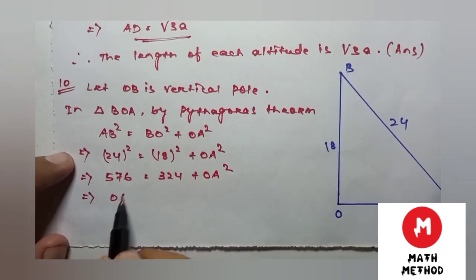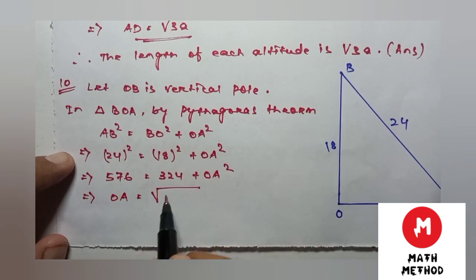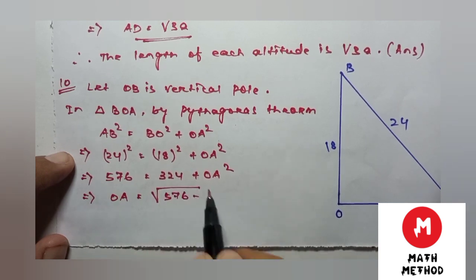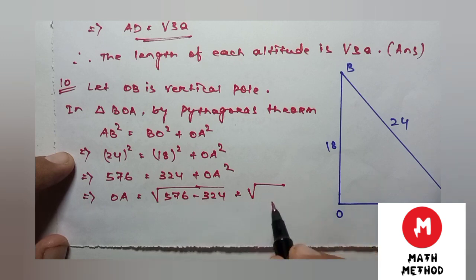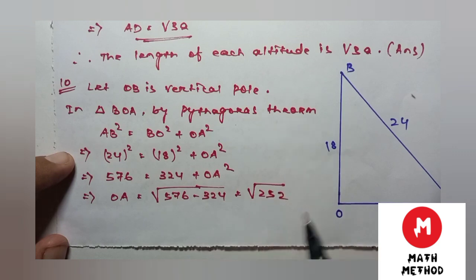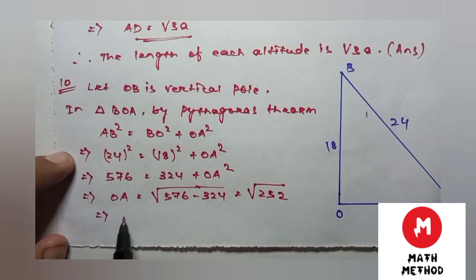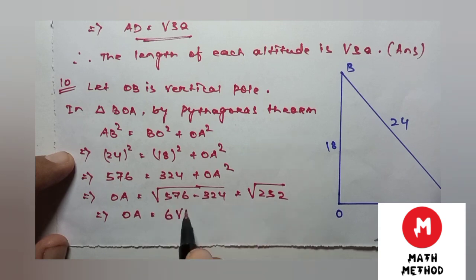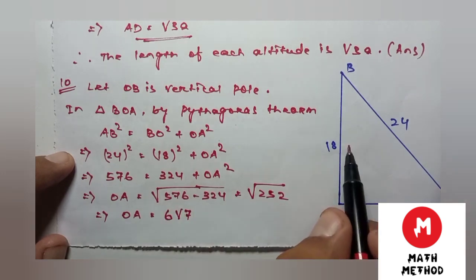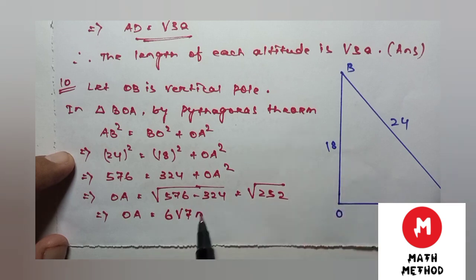This implies OA is equal to root over 576 minus 324, which becomes root over 252. This implies OA is equal to 6 root over 7, whose unit is meter.